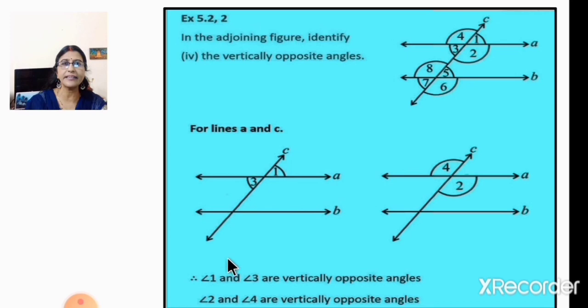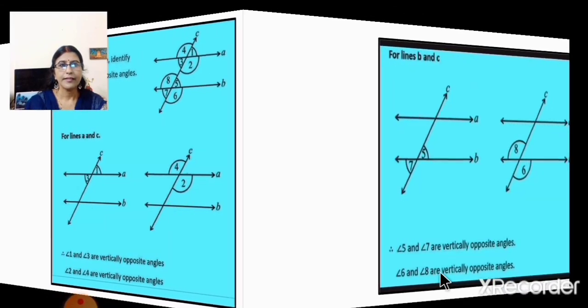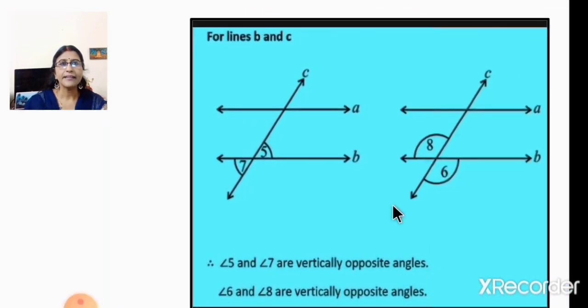So it's written here, angle 1 and angle 3 are vertically opposite angles, angle 2 and angle 4 are vertically opposite angles. Similarly, we will take this line B and this transversal C. For lines B and C, these two are vertically opposite angles, angle 5 and angle 7. Similarly, angle 6 and angle 8 are vertically opposite angles.